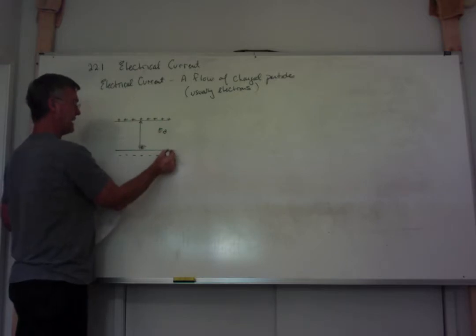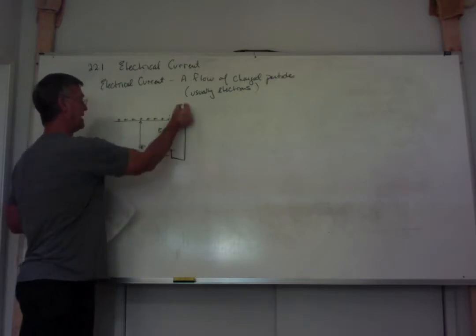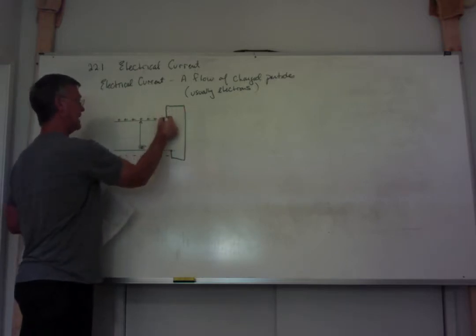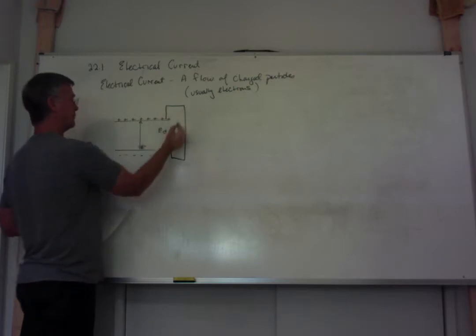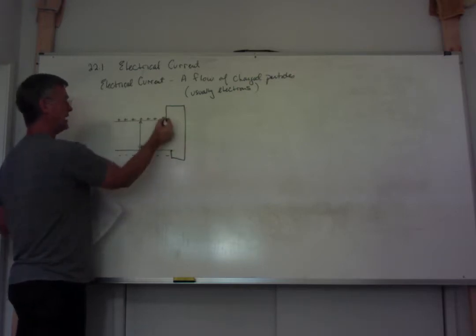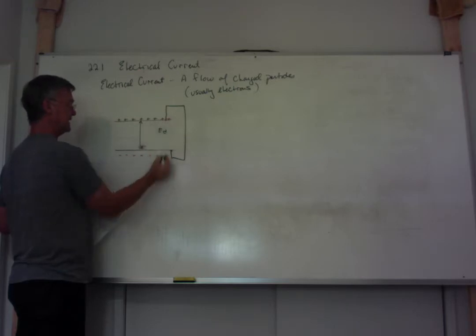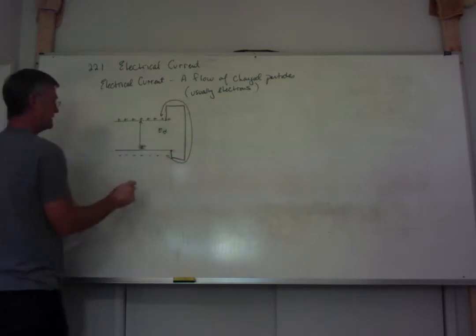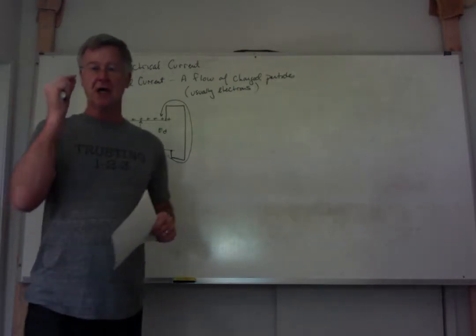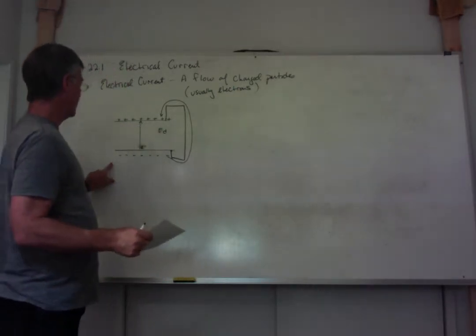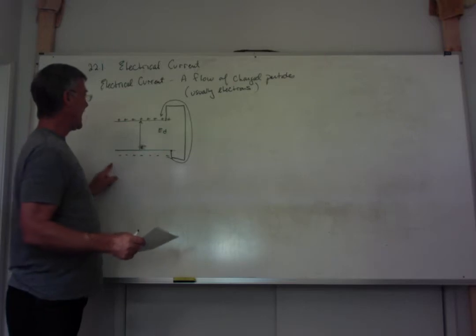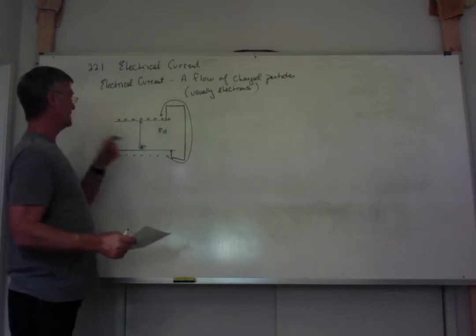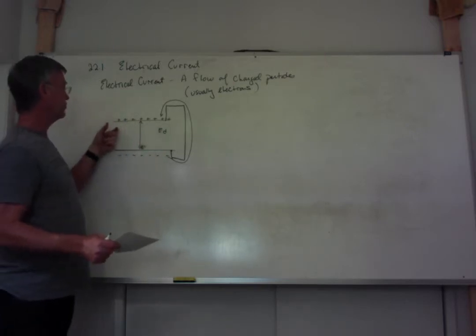If I was to hook up a conductor, a piece of, say, copper wire, from here to here, when I touch it, these electrons will flow until we finally have no charge. No charge on the negative plate, or we run out of electrons on one of the plates, or we run out of positive charges up here.